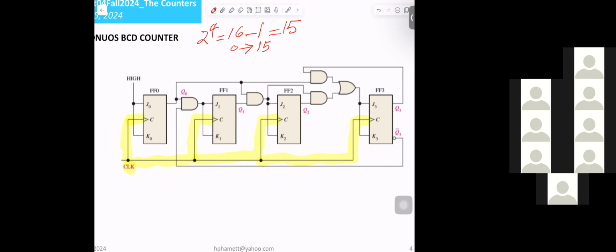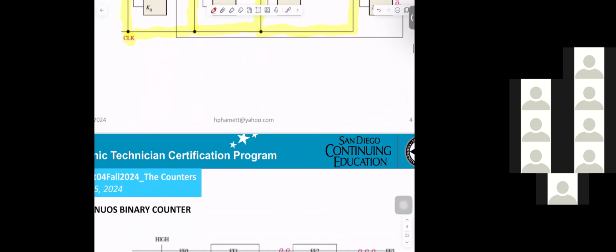The only thing you need to understand is that this is a synchronous counter. If you want to see what it can count up to, you have to run a simulation, and it will tell you.